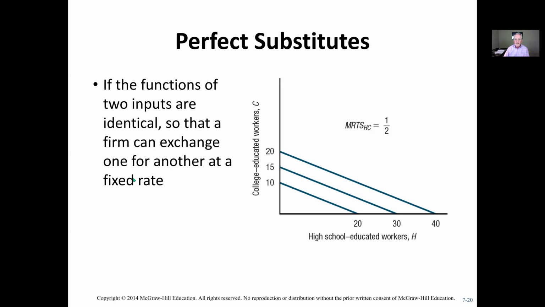And as you can see here, this says that the marginal rate of technical substitution is equal to 1/2. So that says 1/2 of a college educated worker will substitute for a high school educated worker.